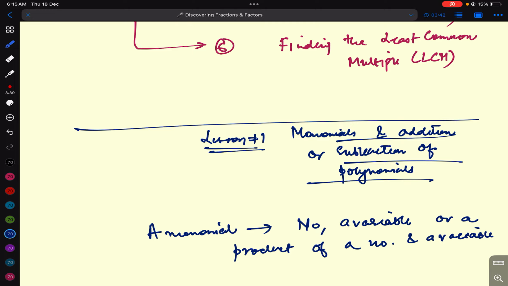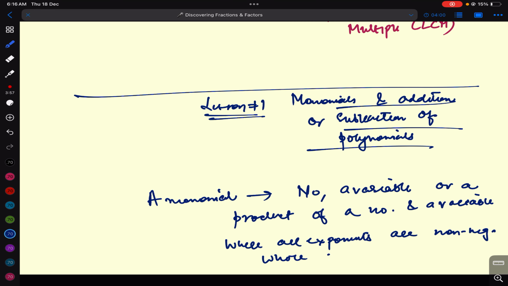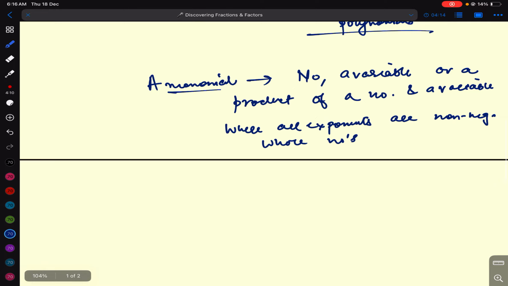So a monomial is basically a number, a variable, or a product of both, where all the exponents are non-negative whole numbers. So here the exponents that we have in the case of monomials are non-negative whole numbers. So that means the exponents cannot be negative. Clear?